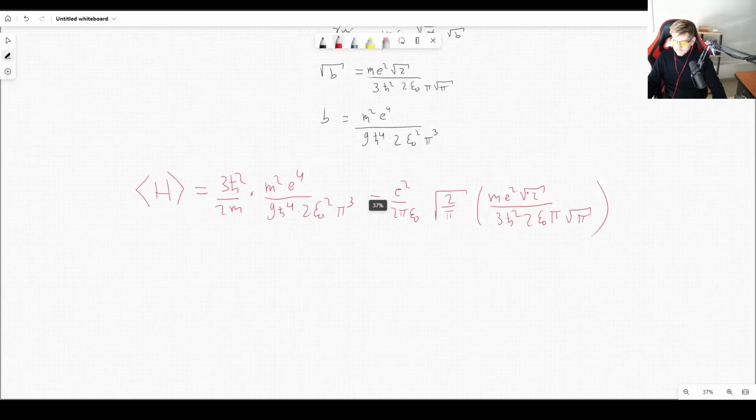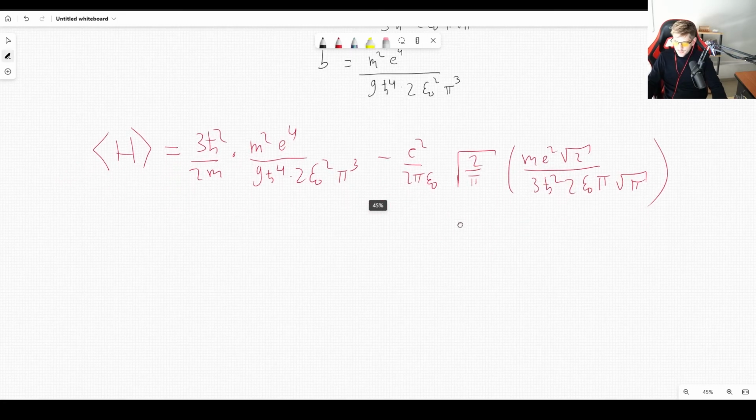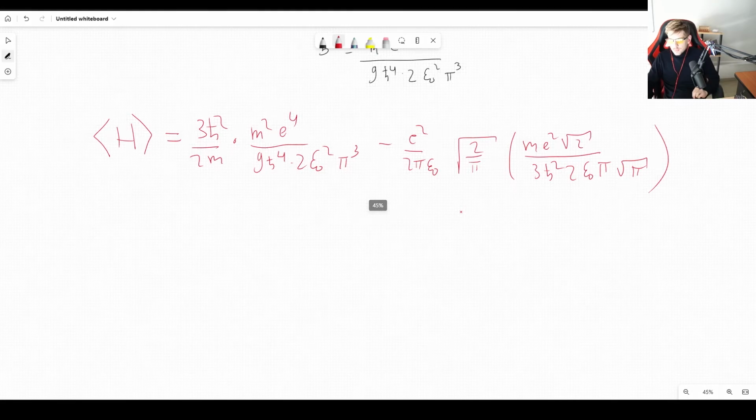Okay. Now we can probably simplify a few things, but there isn't really all that gigantically much that we can do here. Let's see. So 3 h bar squared m squared. Yeah, we can't really simplify too much here. So the m's cancel a little bit. So we get 3m, right? This with this. H bar squared e to the fourth.